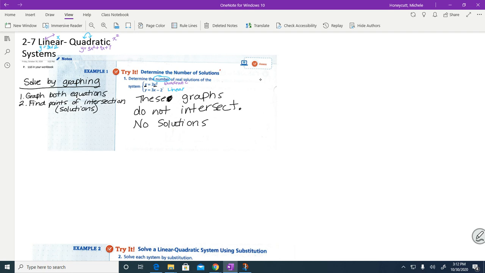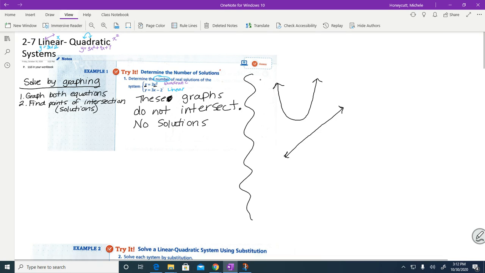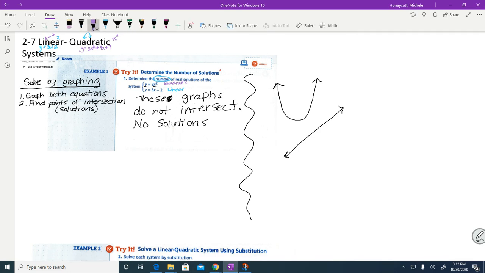So there's actually 3 things that could happen whenever we are solving a linear quadratic system. If I have a parabola, or a quadratic function, and a line never intersects, just like what we saw in the first example, that would be no solutions, no intersections.